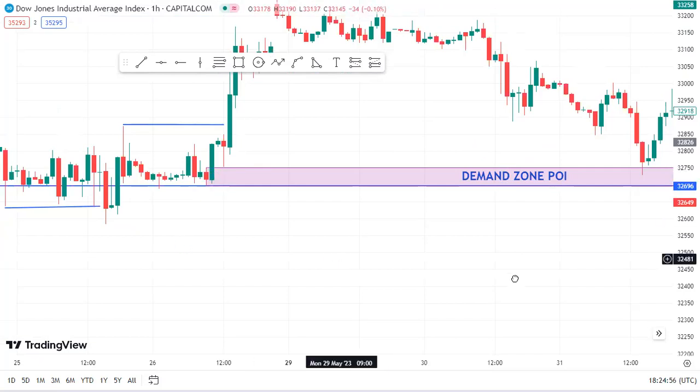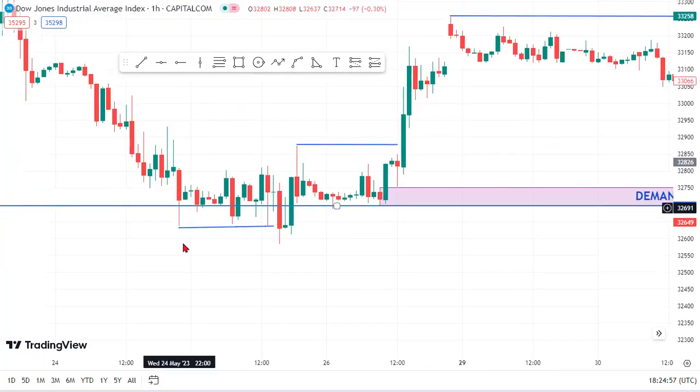Let me explain. Market came down, the bulls took it up. Market came back down, bulls took it up. Bulls, bears, bulls, bears, and right here on this candle, the market decided that the bulls have won the war.